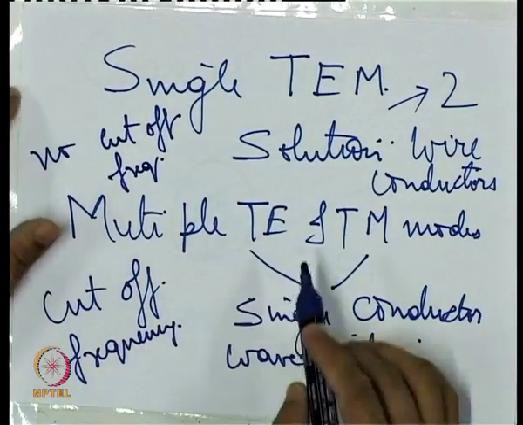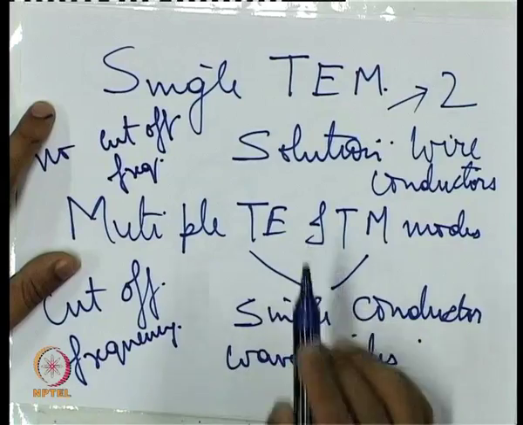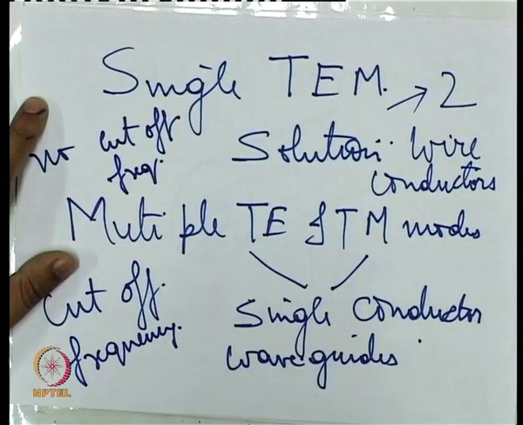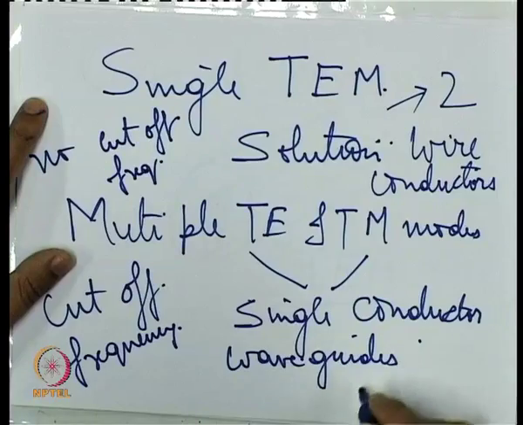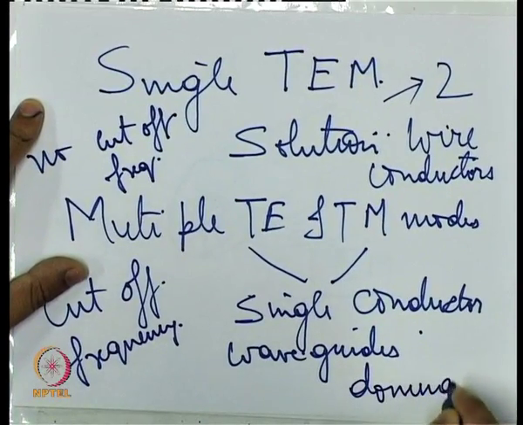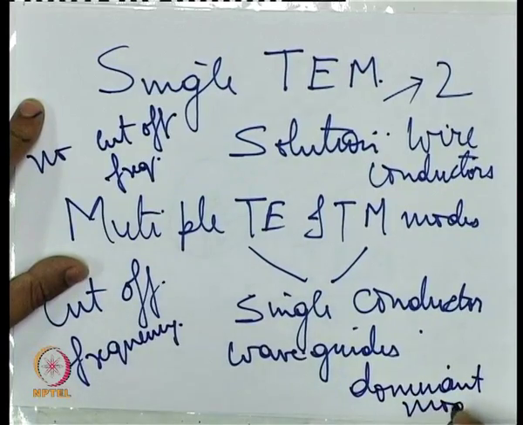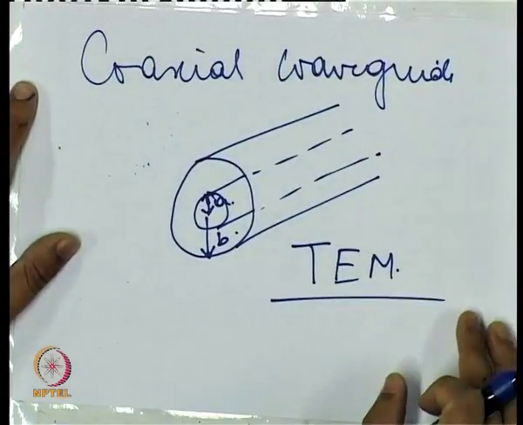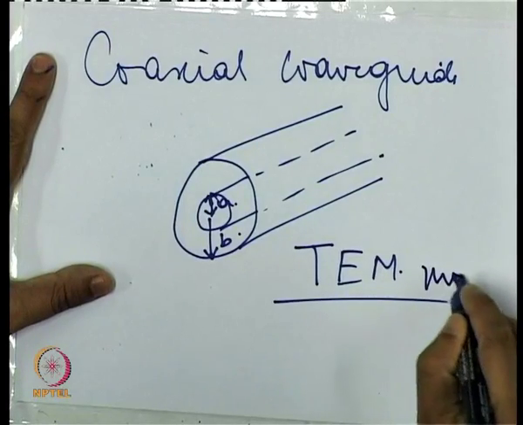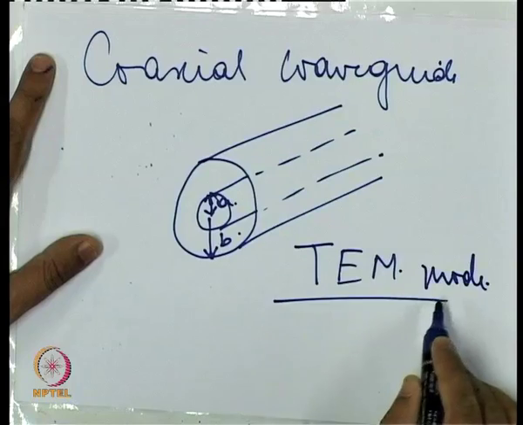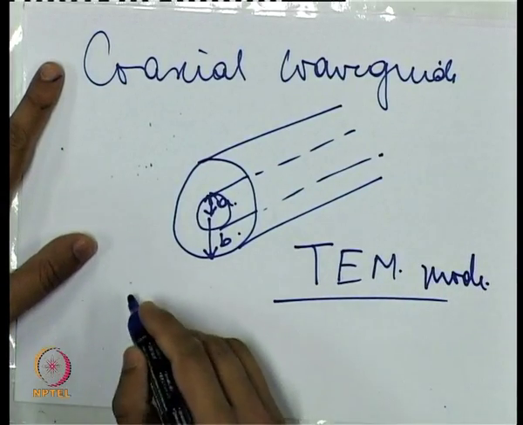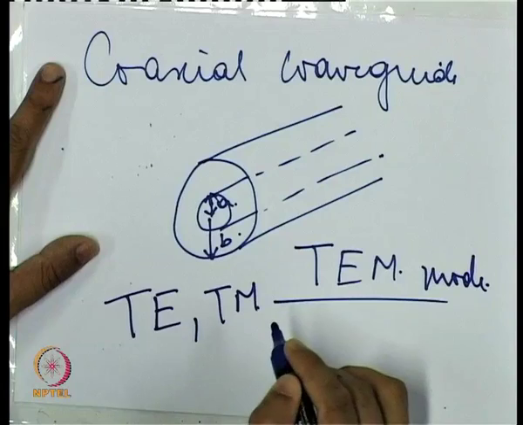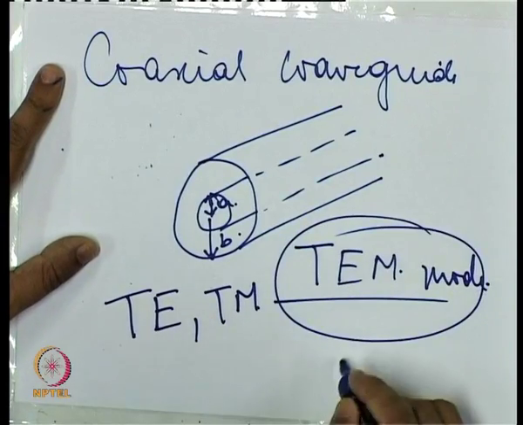For TE or TM modes there are multiple solutions possible, and the mode for a particular waveguide which has the lowest cutoff frequency is called the dominant mode. Since in a coaxial waveguide TEM mode can exist, it can transmit over the entire range of frequencies. Hence, even though there might be some TE and TM solutions, TEM mode is the dominant mode.